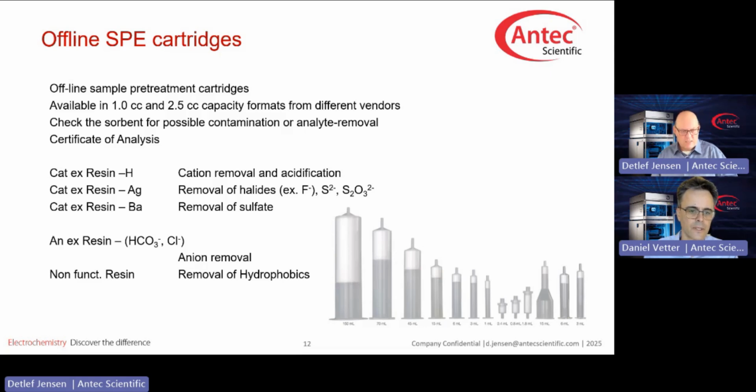Like the next one, the cation exchanger in the silver form. You remove chloride, you remove sulfide, thiosulfate, and anything that would form silver precipitates or silver complexes. Or let's take the next one, the cation exchanger in the barium form, where you can remove sulfate, or you have an anion exchange cartridge to remove anions from the sample. So again, no matter what you do, make sure, number one, that these cartridges are made out of polymer.